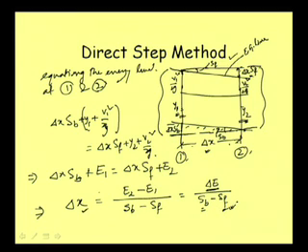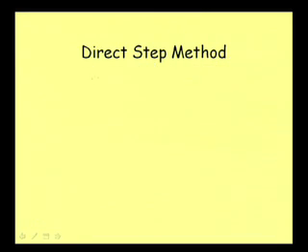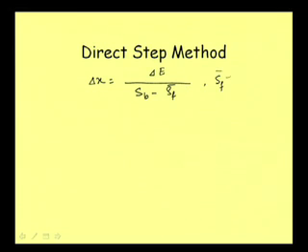That is one important point. For computing this delta x, we should use the average SF between section 1 and section 2. So delta x is equal to delta E divided by SB minus SF bar, where SF bar is equal to SF1 plus SF2 divided by 2.